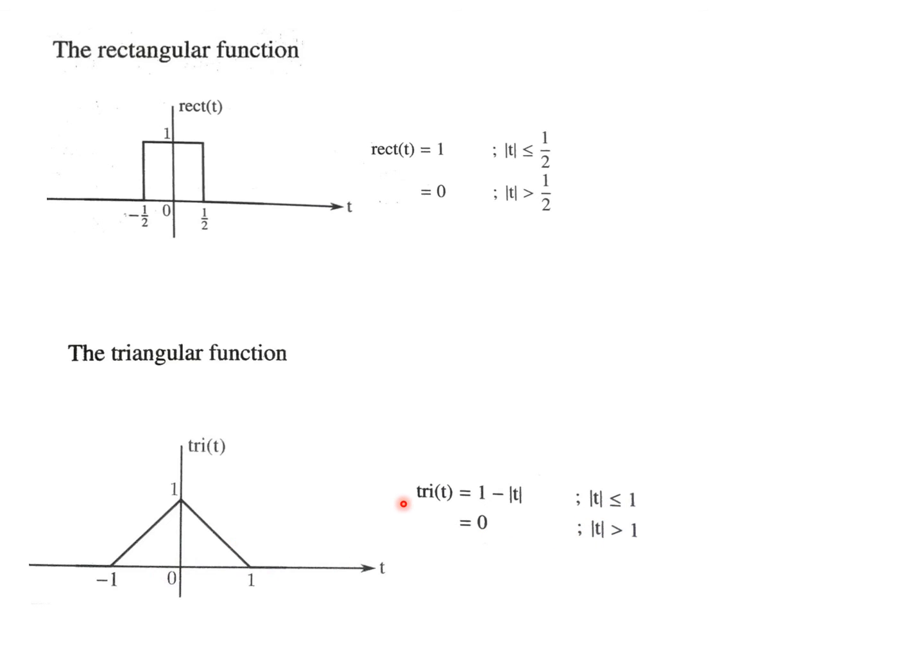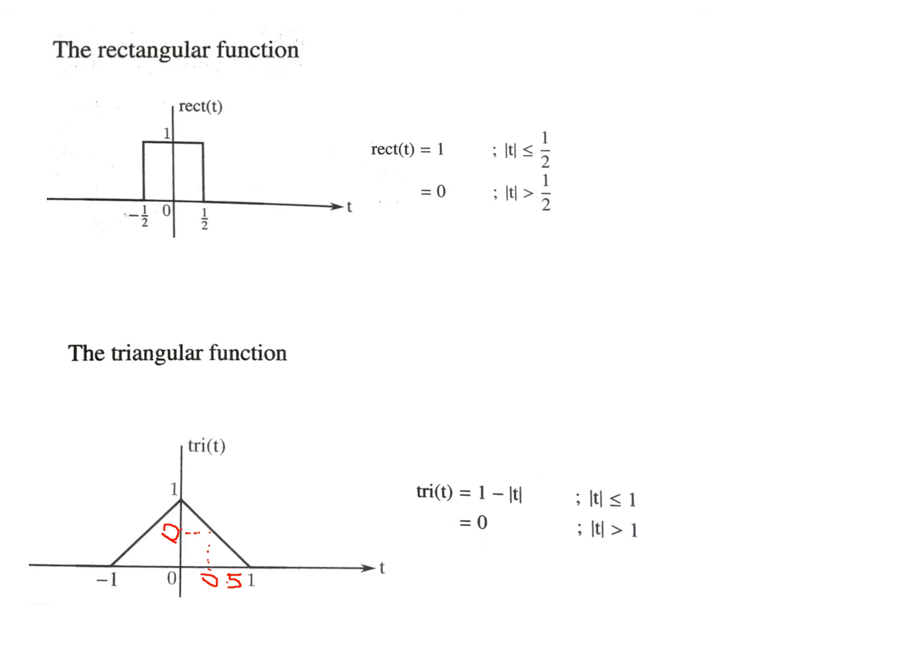If you want to get the value of the triangular pulse at any instant of time from 0 to 1 or 0 to minus 1, you simply carry out this operation, 1 minus mod of t. For example, if you want to find the value of the signal at t equal to 0.5, it is 1 minus 0.5, that is 0.5.